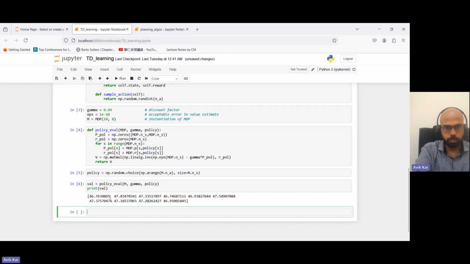So we have a random policy and we have its value. Now we have to write this TD learning algorithm. We have to pass the policy, and also the discount factor.